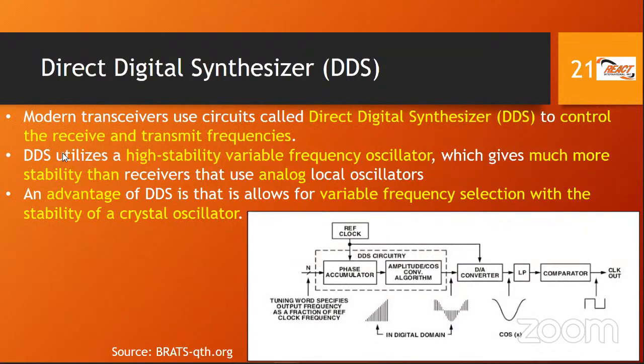Note that that's one of the advantages of the DDS. It allows for variable frequency selection with the stability of a crystal oscillator. So remember, the participant who mentioned the use of crystal oscillator was quite right. So we are talking here about DDS, direct digital synthesizer type circuits, which are used in modern equipment.